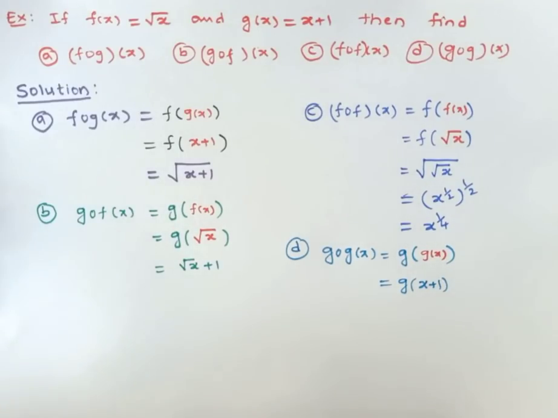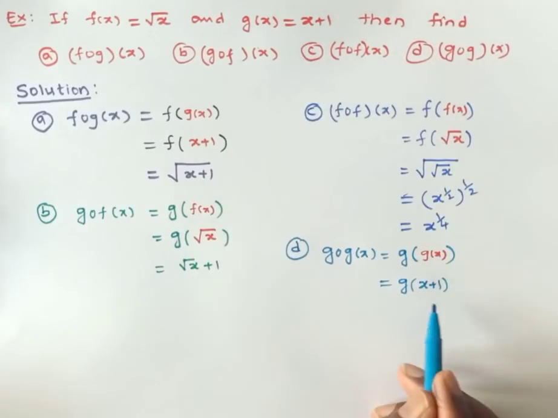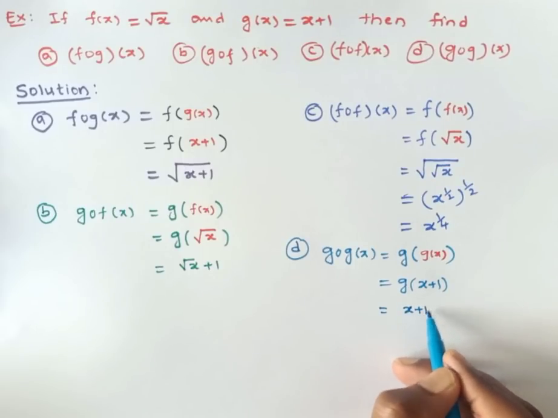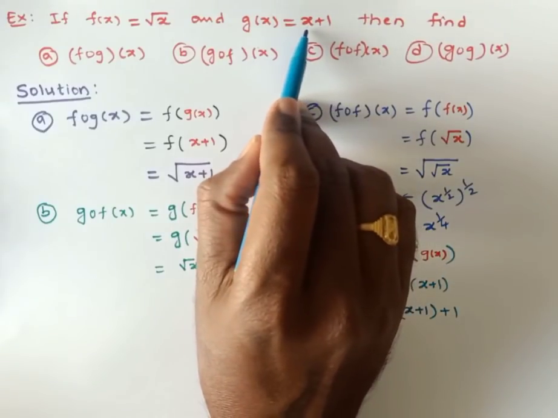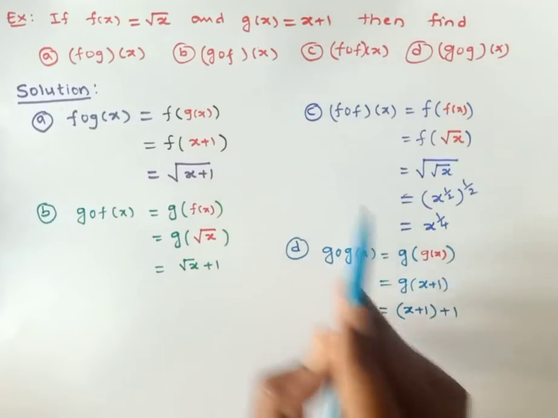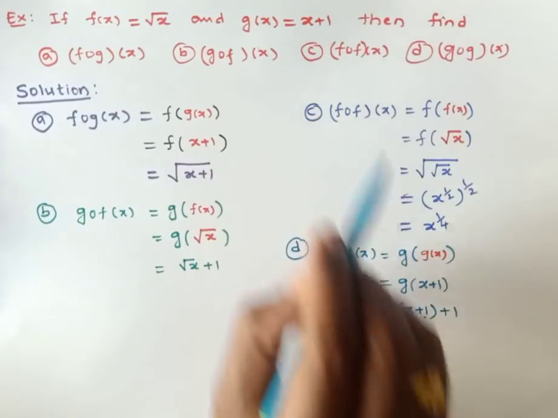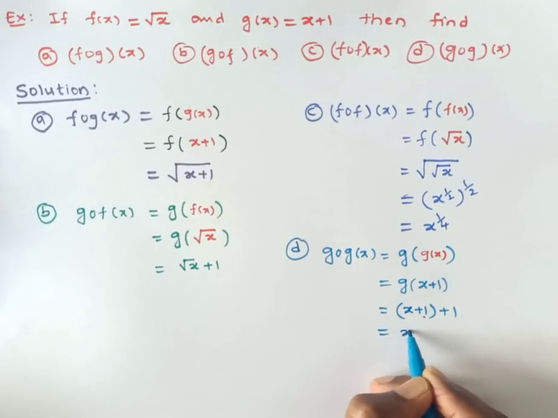Now it is in the form of g of x. So replace this x with this quantity, so that it is x plus 1 plus 1. Finally this is x plus 2.